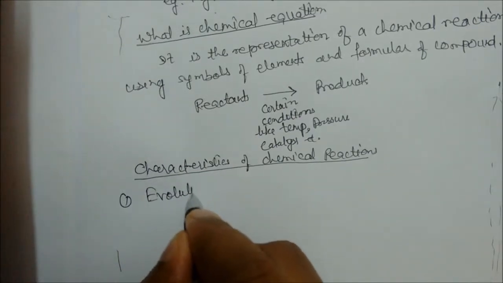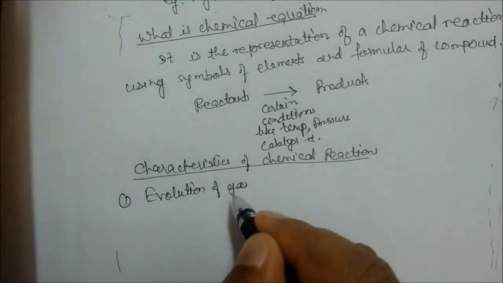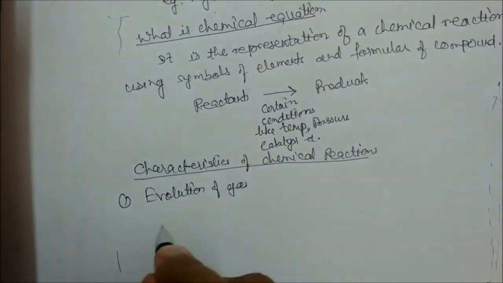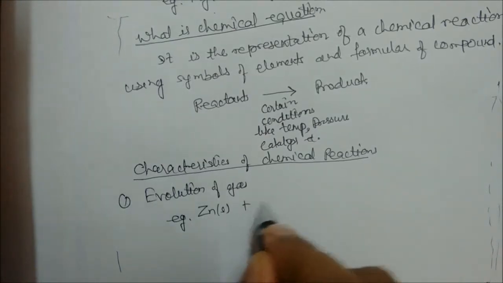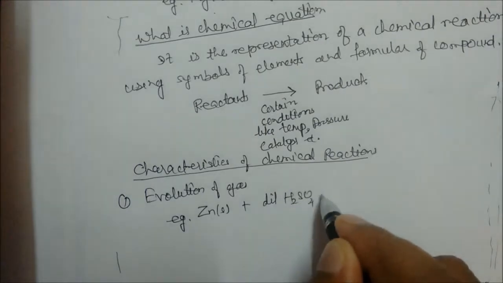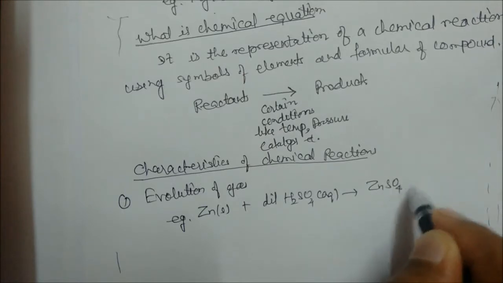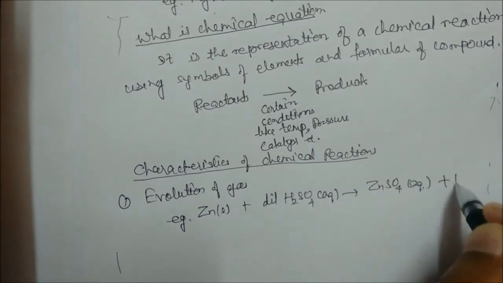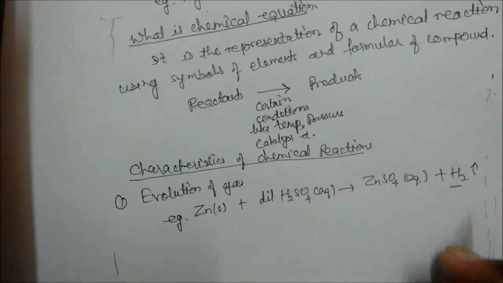First, evolution of gas, when gases evolve out. Let us take one example. Zinc in solid form, using dilute H2SO4, will give you zinc sulfate plus H2 gas. So here the gas is hydrogen.